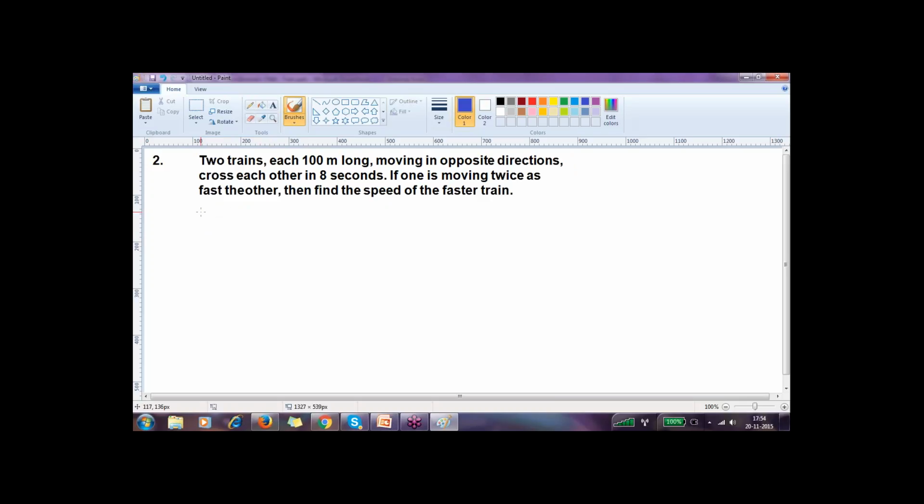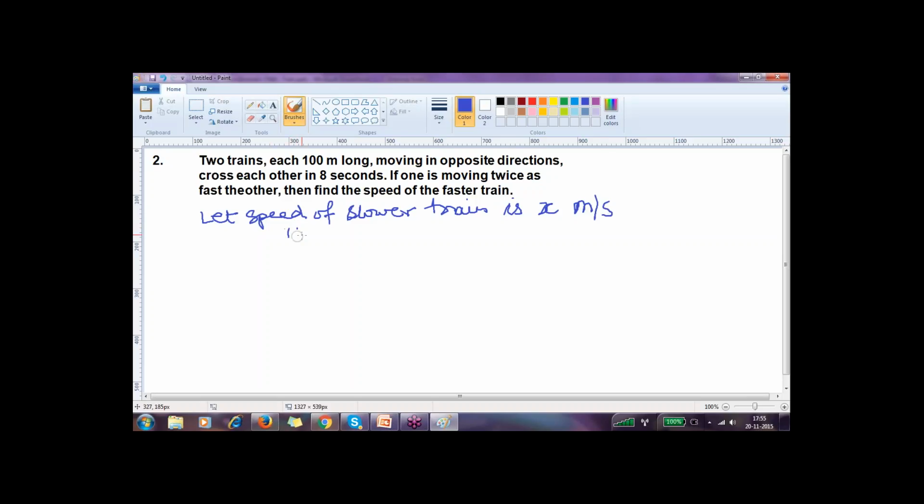Okay. Let the speed of the slower train be x meters per second.